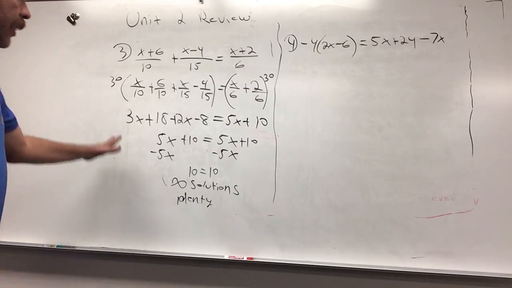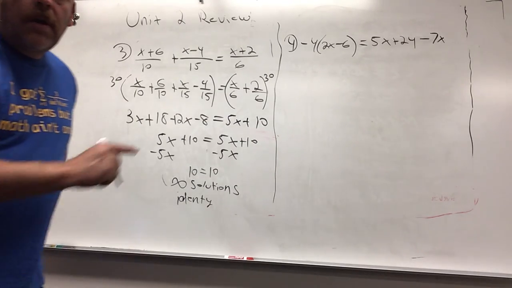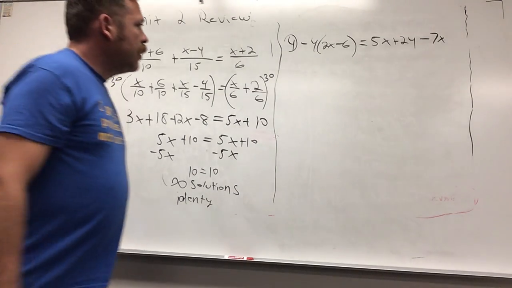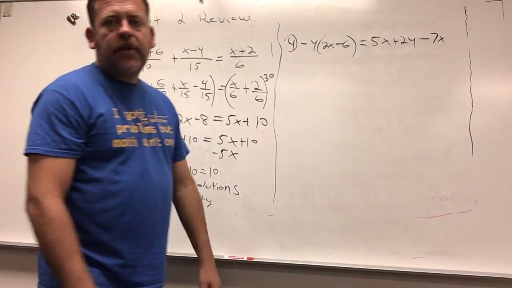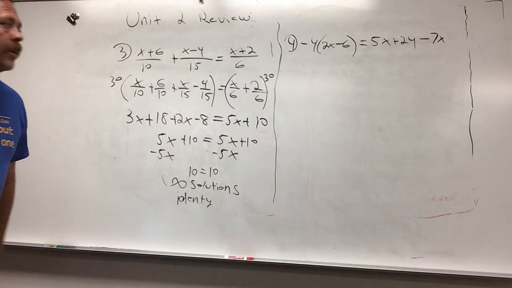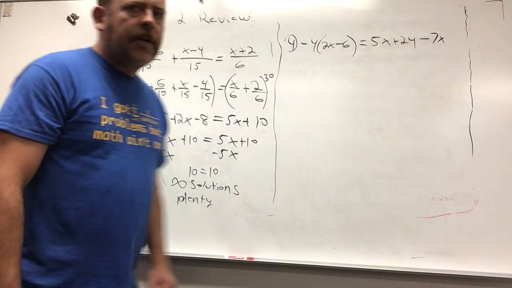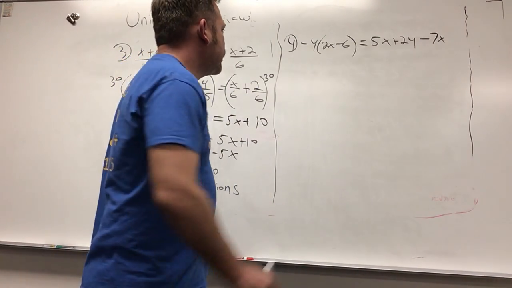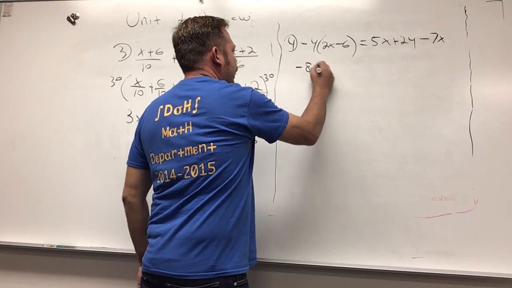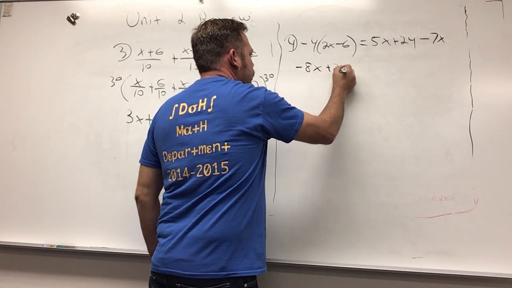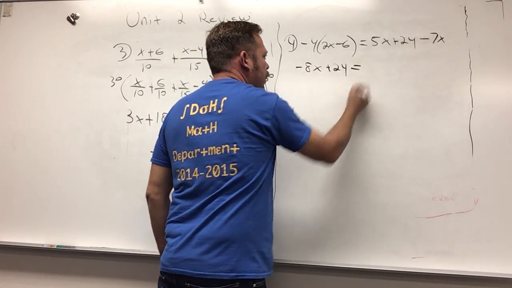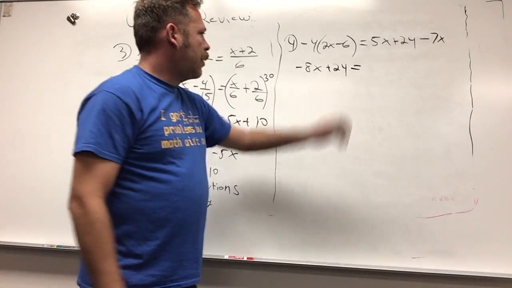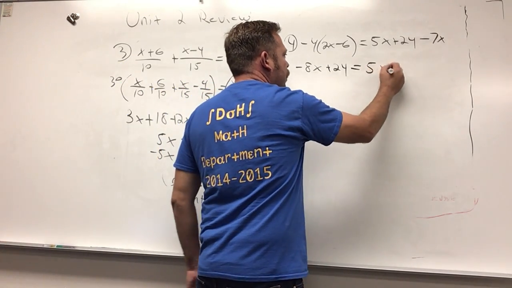All right, what do you think? Here we go. Number 4. You know me, never been a numbers guy. Negative 4 times 2x minus 6 is negative 8x plus 24 equals, nothing's going to change, no distributing on the right.